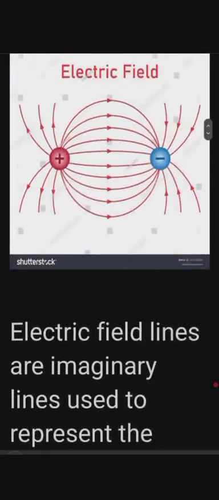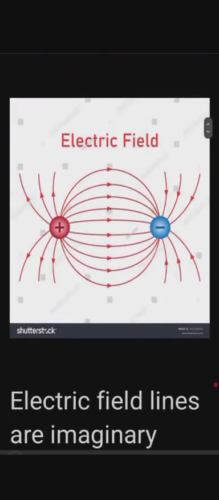Electric field lines also describe the strength of the electric field or the electric force around the electric field. So the closer the lines are to each other, the stronger the force.